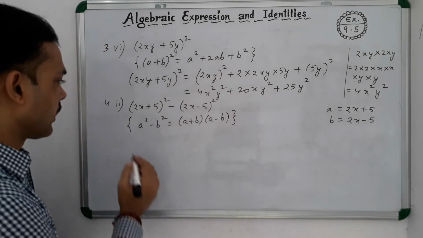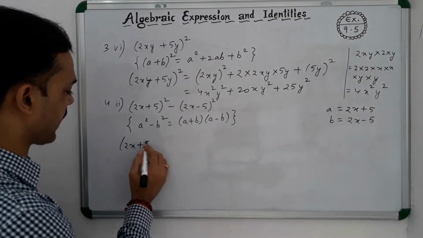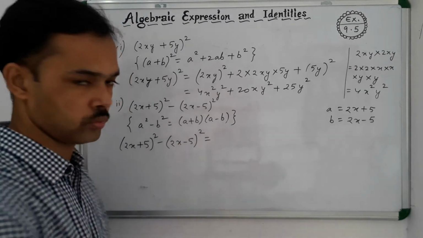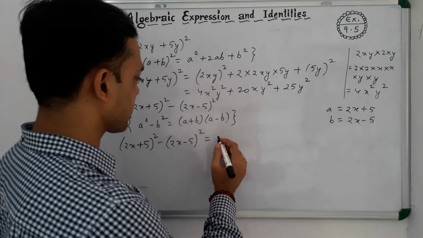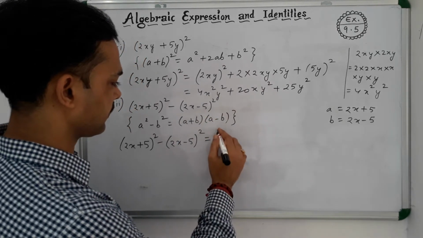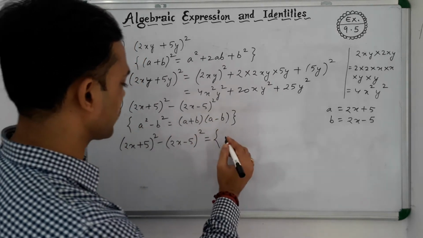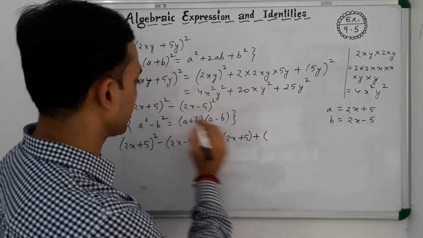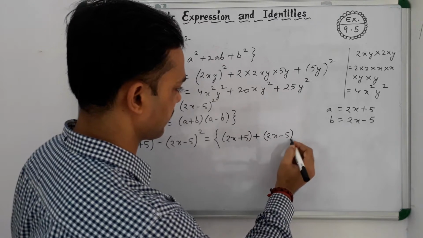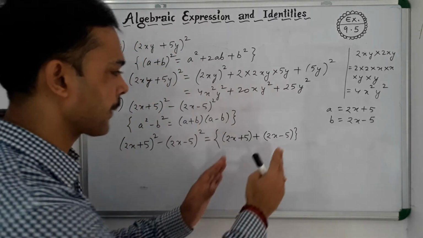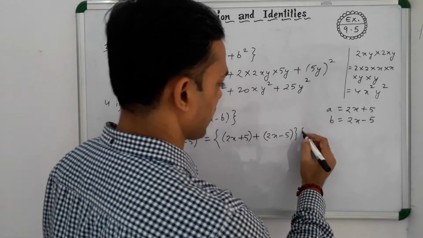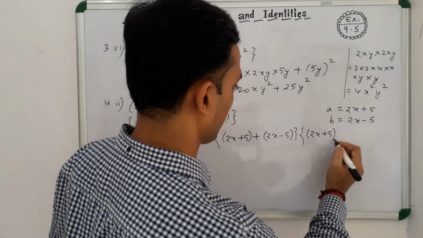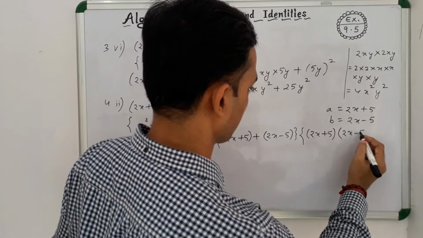That is why (2x plus 5) whole square minus (2x minus 5) whole square will be equal to what? Let us see that. What is it? A plus b. A's value is 2x plus 5, b is 2x minus 5. It is a plus b into a minus b. Let us write that also. A means 2x plus 5 and b means 2x minus 5.